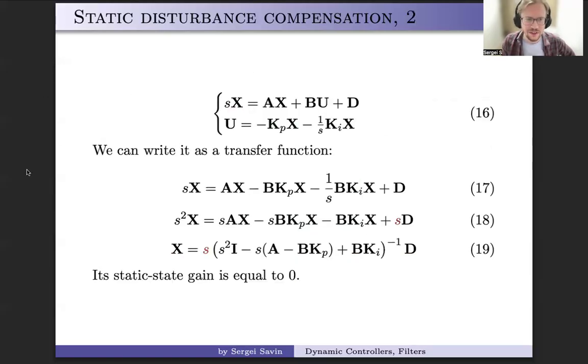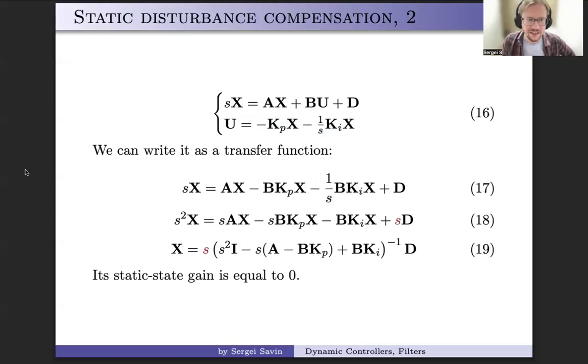Next, what we do is we take this equation and this equation here, right? Those are the same equations as before. And we can transform it into a transfer function representation. So first we take this, substitute here to get this, right? And this, substitute here to get this. So we just substitute the control law instead of U. That's how we get equation 17.